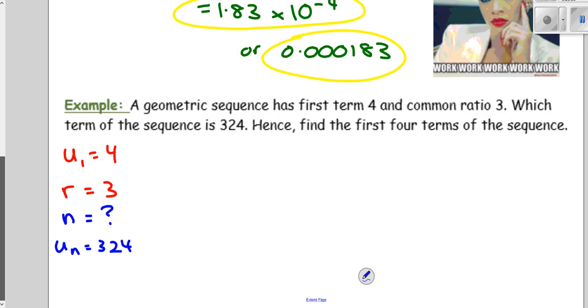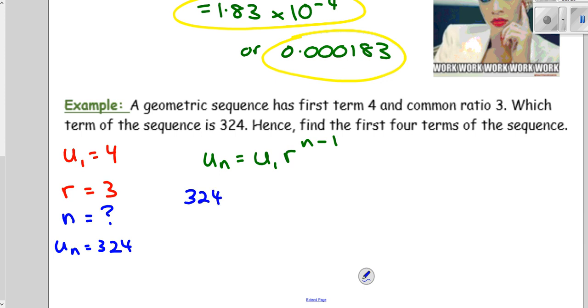You might need to use something like logarithms to do that. So our general formula, u of n equals u of 1 r to the power of n minus 1. That's just how it's written in your formula booklet. They don't put in a multiply sign. And then we can plug in these numbers. Because you're going to get a good mark just for plugging in the numbers where they should go.